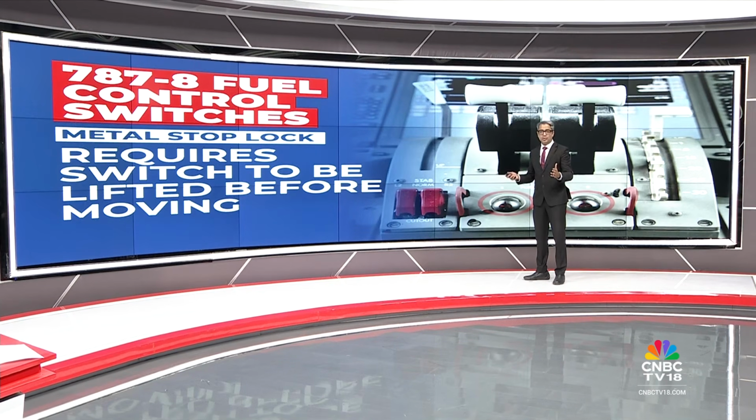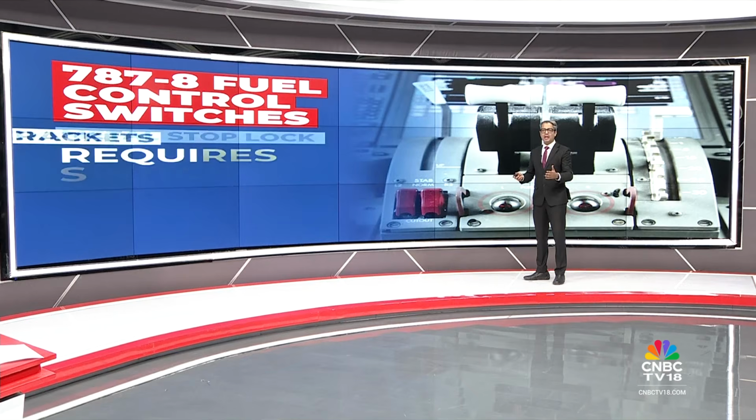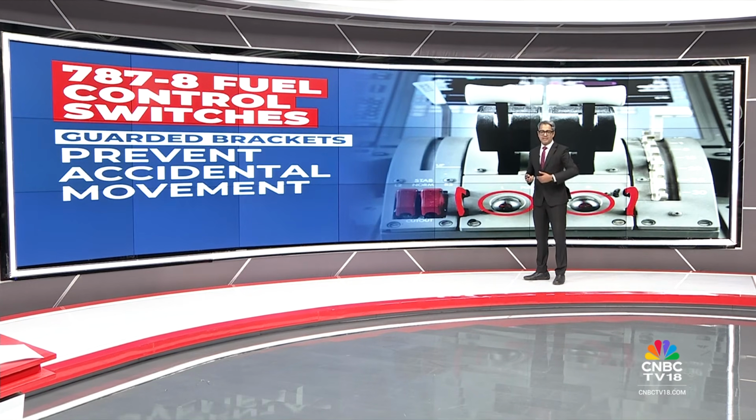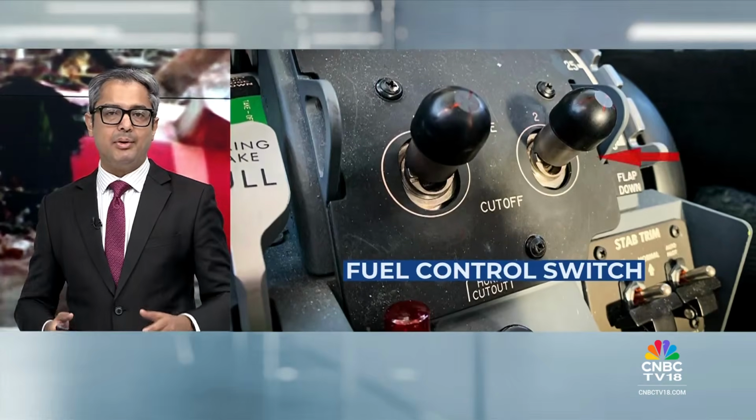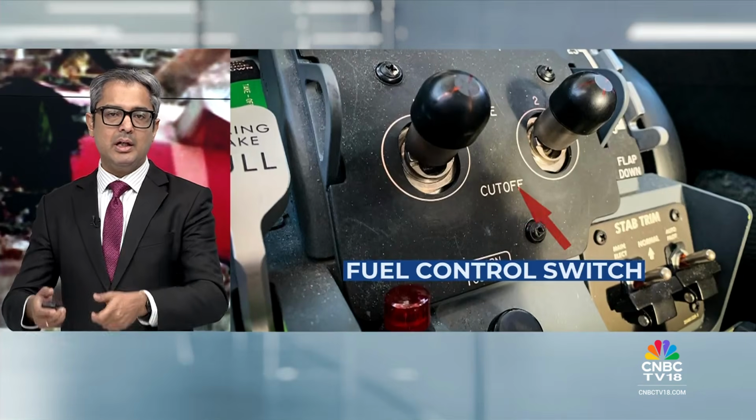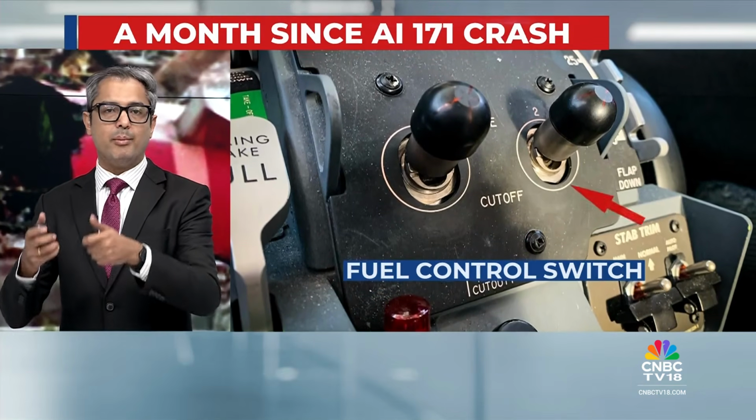There are also these two metal brackets, called the guarded brackets, which are on either side because in case one captain's hand or the other co-pilot's hand hits these levers, they don't accidentally move either up or down. So it's an extremely well-designed mechanism, and clearly on board Air India Flight 171, something happened whereby manually the cutoff switches were moved from run to cutoff.